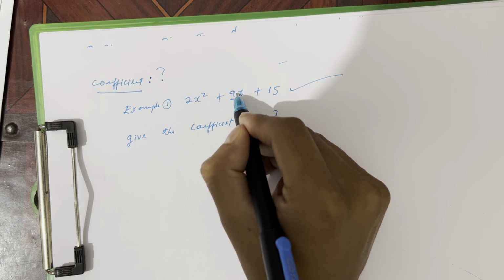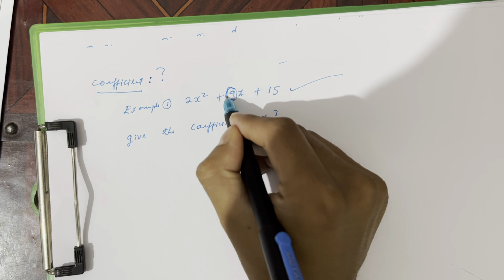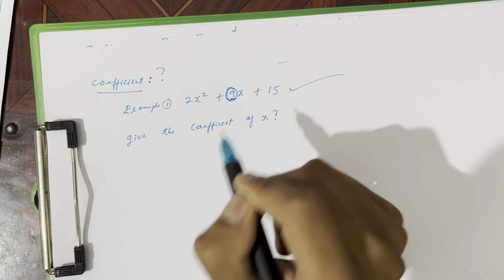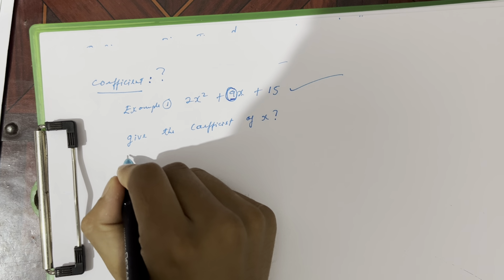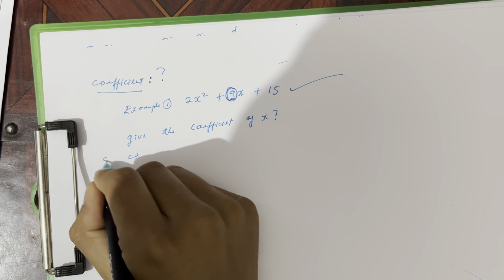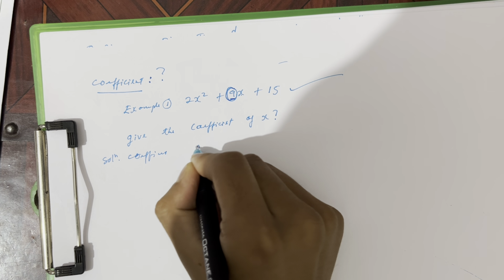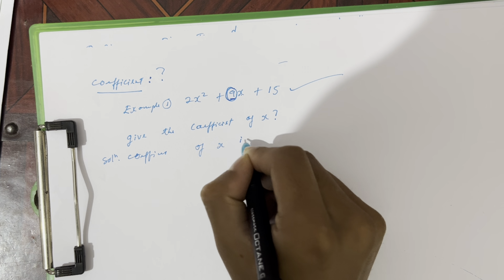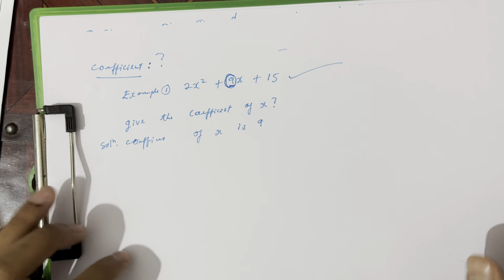We check the number in front of x, and the number which is coming in front of x, that is the coefficient. So the coefficient of x is 9. Okay, now I'll give you another example so that you'll be clear.